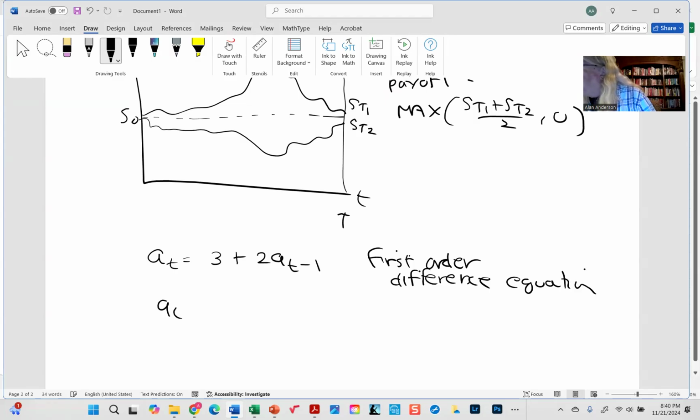And then you can visualize that there could also be a second order difference equation where we go back 2 time steps.